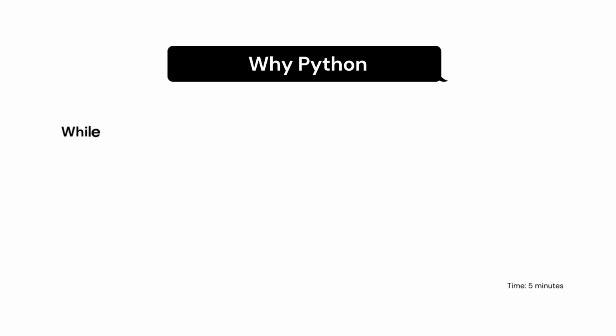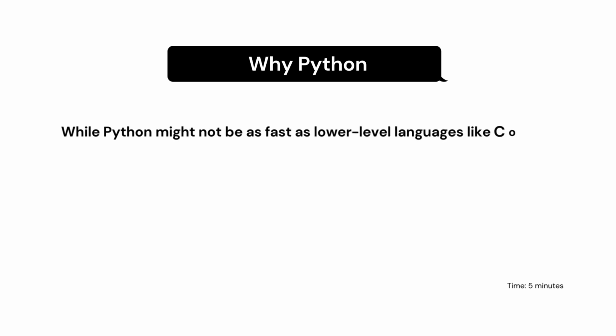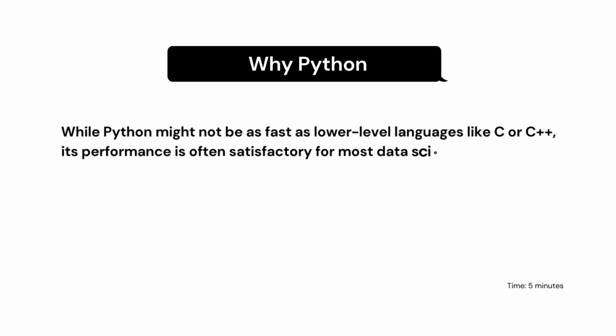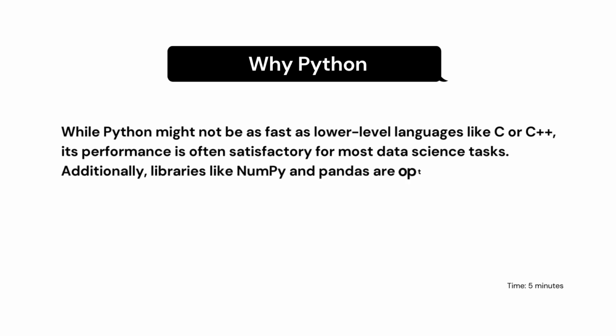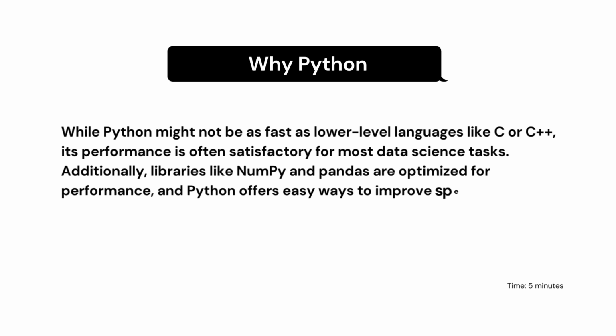Next is scalability and performance. While Python might not be as fast as lower-level languages like C, its performance is often satisfactory for most data science tasks. Additionally, libraries like NumPy and Pandas are optimized for performance.